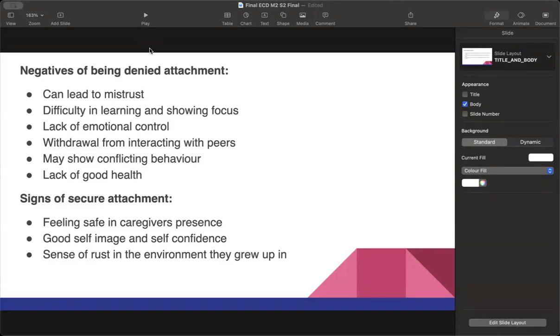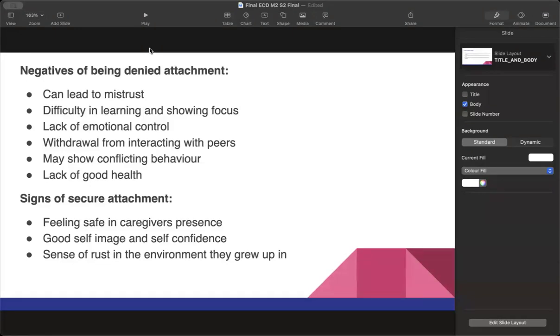And when you try to comfort her, she doesn't stop crying. You try everything that you could do, and then for the whole day that child is down, and she's not active. So I think she'll be having a lack of emotional control. Yes, very good.